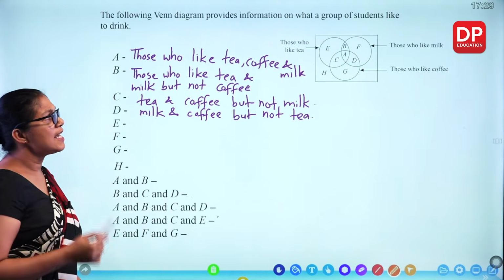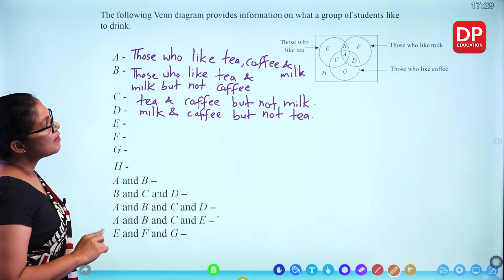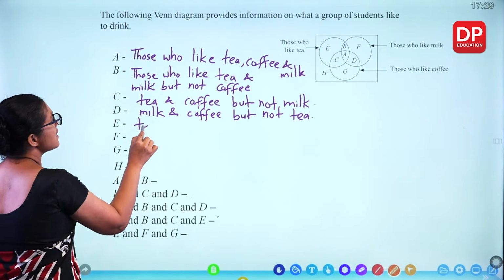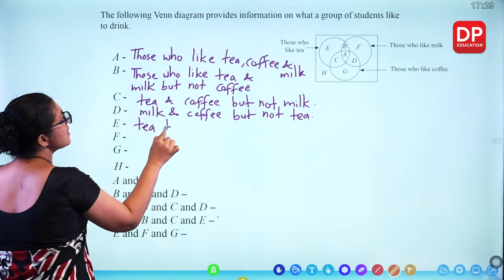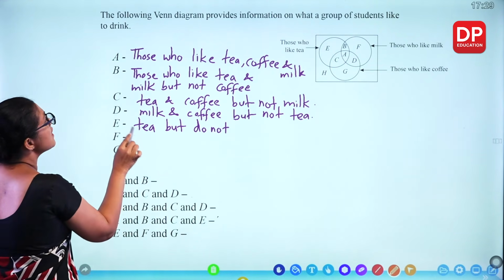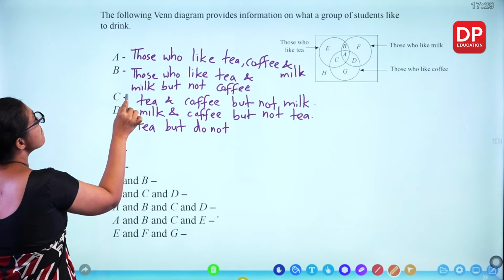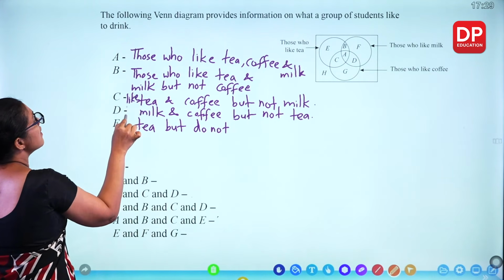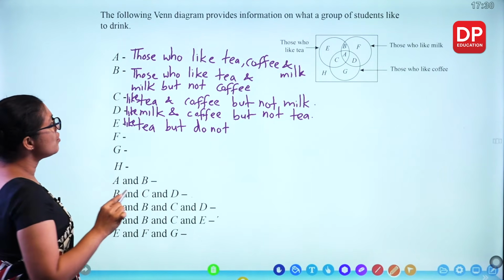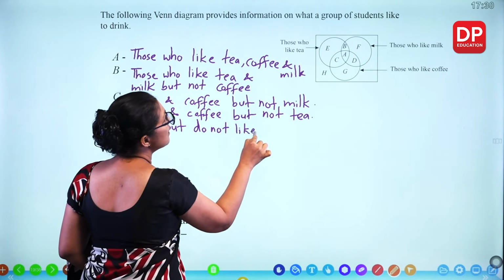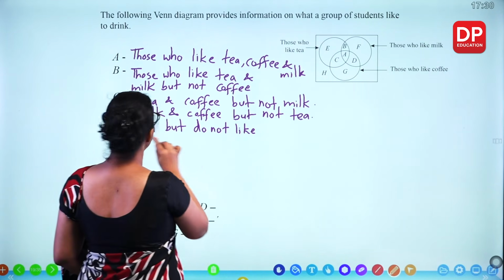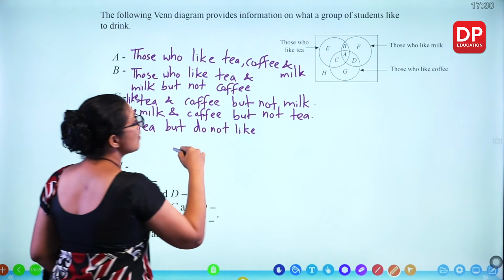So those who like tea but do not like milk and coffee. Here you have to write the word like in front: like tea but do not like milk and coffee.